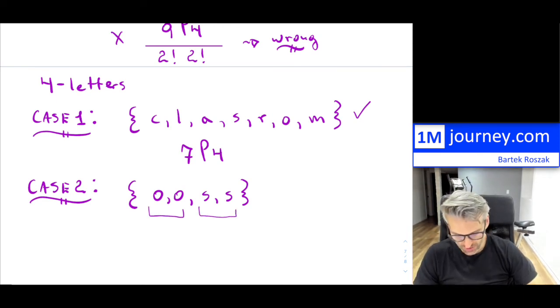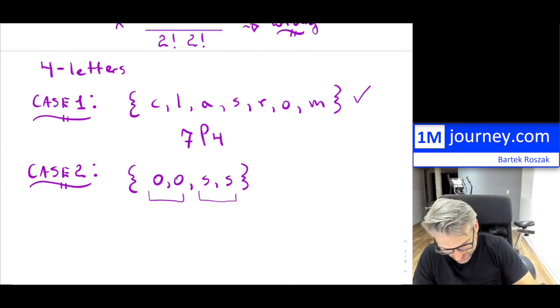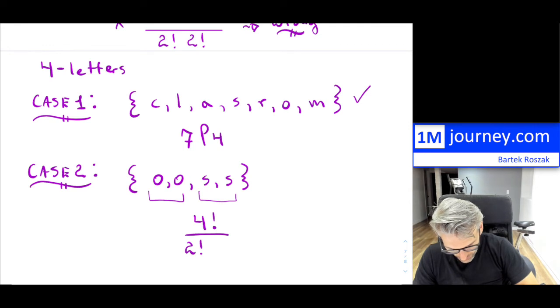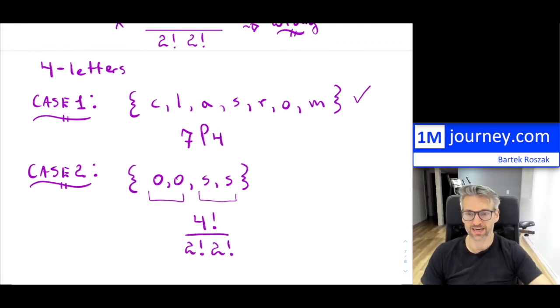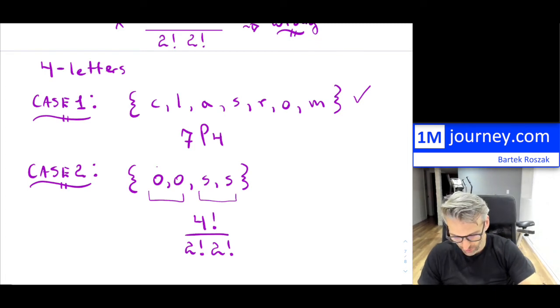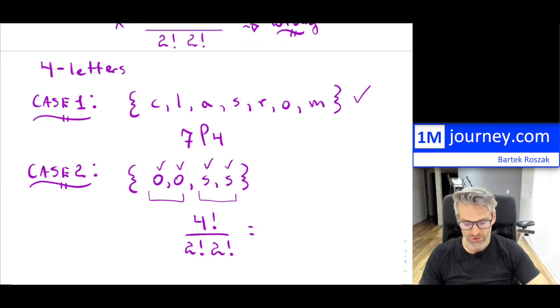Well, this is fair game. I can literally say I have 4 total letters, and then this would have been 2 factorial divided by 2 factorial. So I can use exactly what I did in part A, except just with 4 letters, 1, 2, 3, 4. And this would give me the total amount.